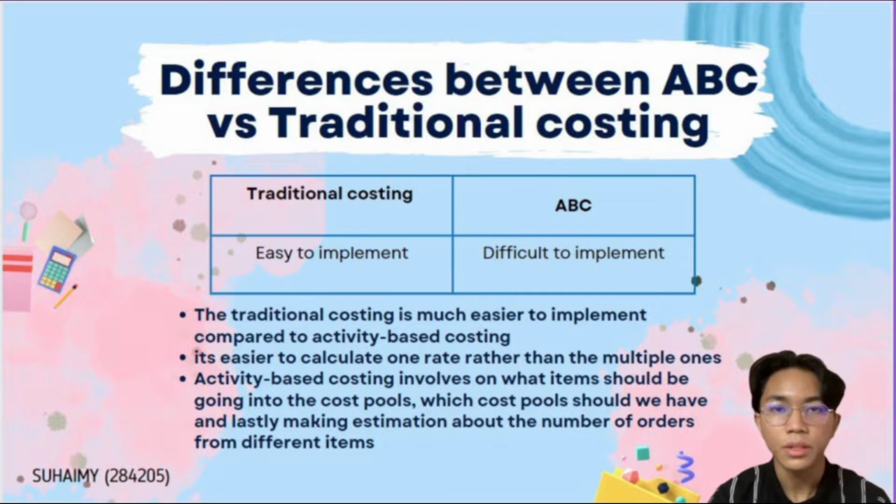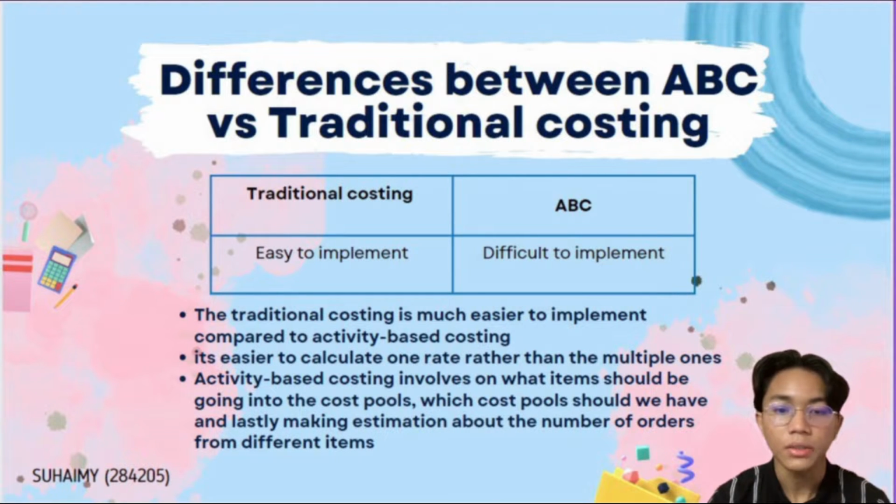Another difference between traditional costing and activity-based costing is that traditional costing is much easier to implement compared to activity-based costing. The reason is that it's easier to calculate one rate rather than multiple ones. But in addition to that, it's not just doing division to calculate a rate.